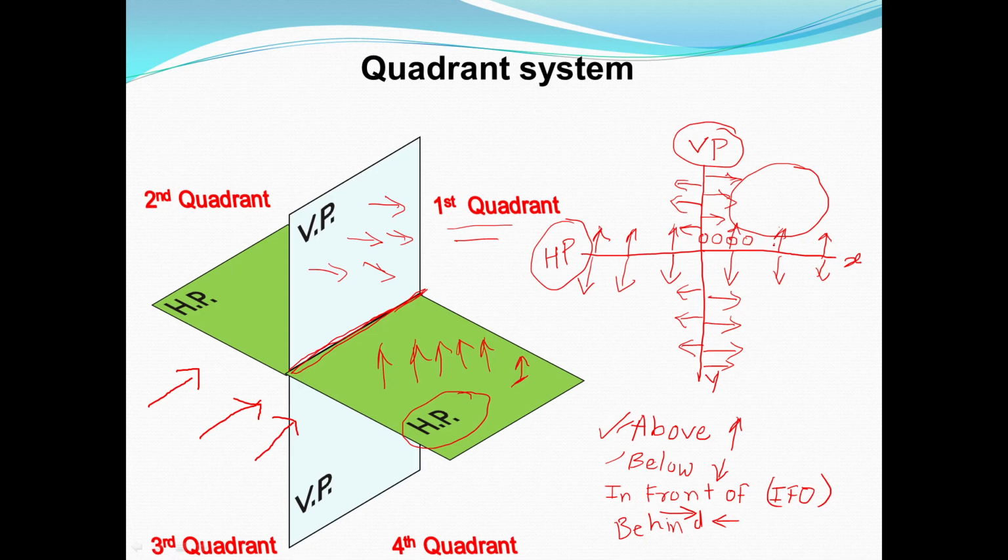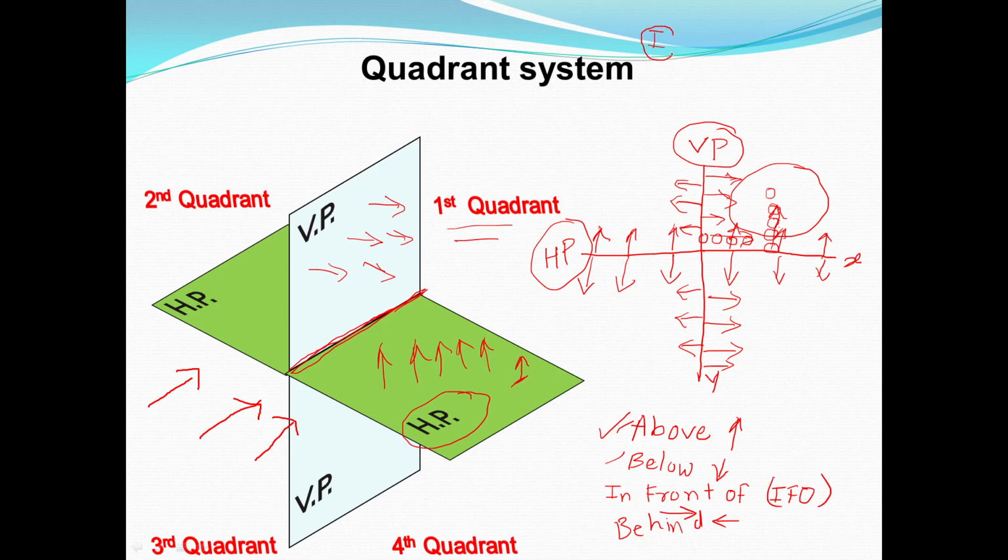Or the object is in the horizontal plane, or above the horizontal plane. So we can say the object is above the horizontal plane and in front of the vertical plane, and we will write this here for the first quadrant.